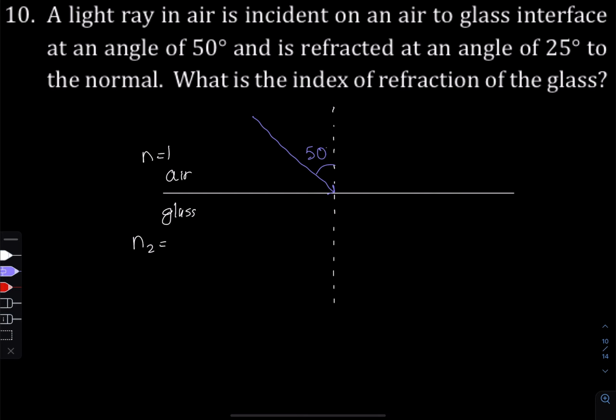So this is the angle of incidence. Then the light gets bent a little bit, so now it's a lower angle. Well, not slightly, in this case, the angle of refraction is 25 degrees.